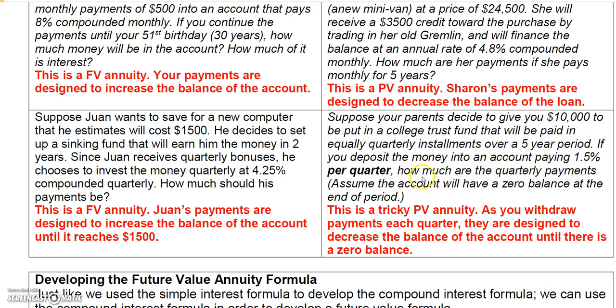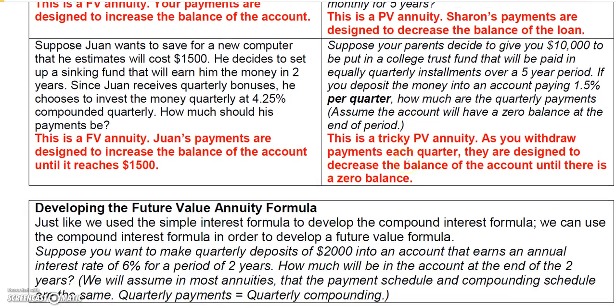In other words, how much can you withdraw from that fund each period? Well, when you take money out of this trust fund, the balance of this trust fund is supposed to decrease in value. So therefore, that would be an example of a present value annuity.